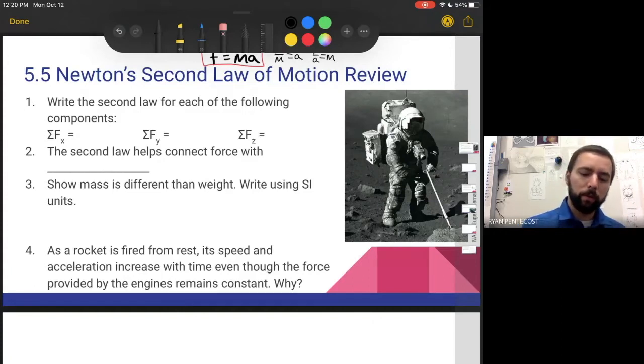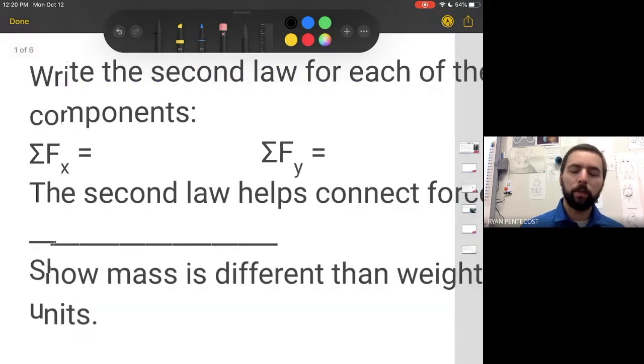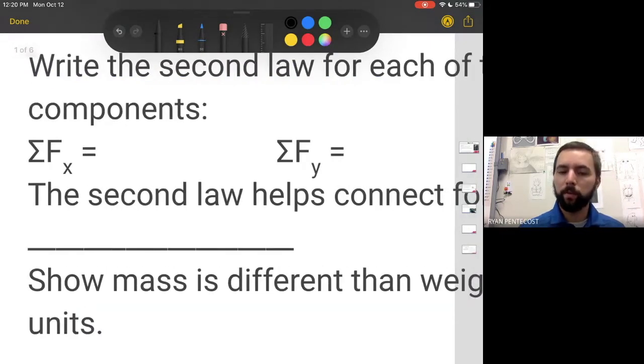So first, for the summation of forces in the x, you have F equals ma, right? The sum of forces equals the mass times the total acceleration. But now we're splitting it just in the x direction. Well, mass is a scalar. It doesn't have a direction.